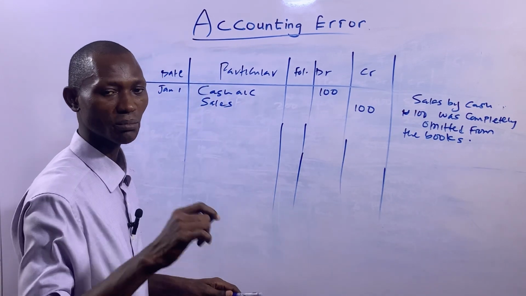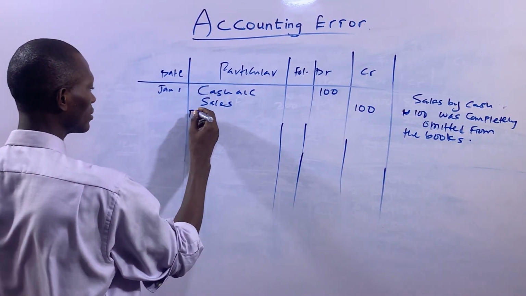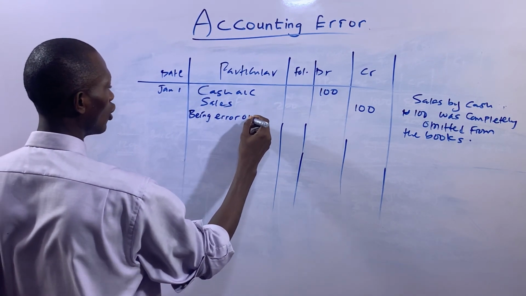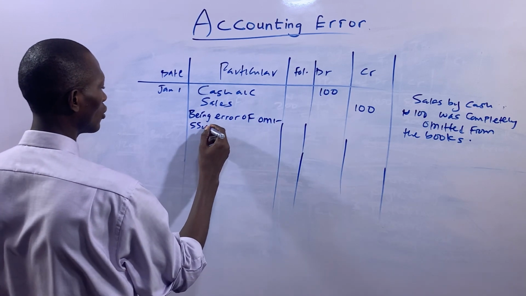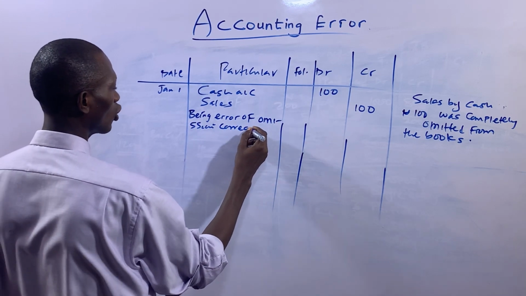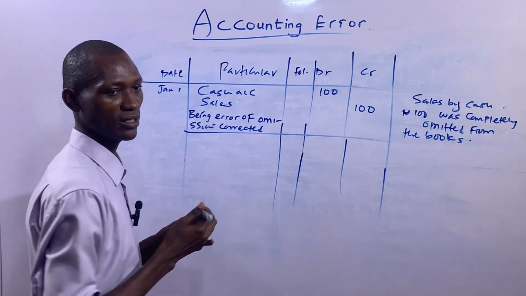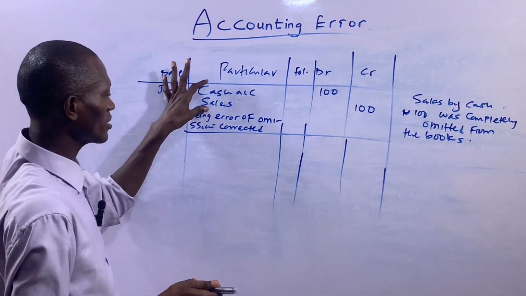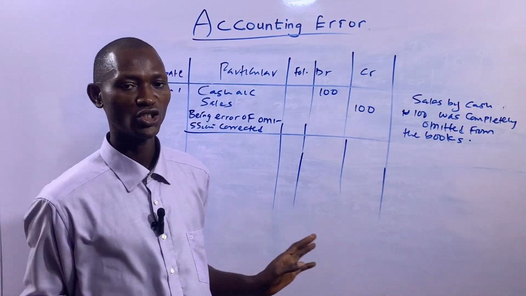So you start with being and it must be short and precise. So being error of omission corrected. So you have successfully corrected this error now. Look at the narration: being error of omission corrected, because this error that we have recorded here is error of omission.